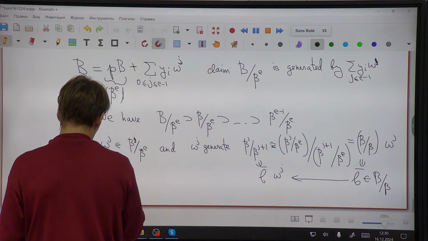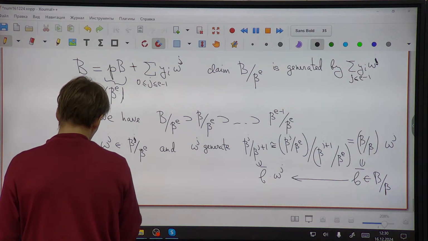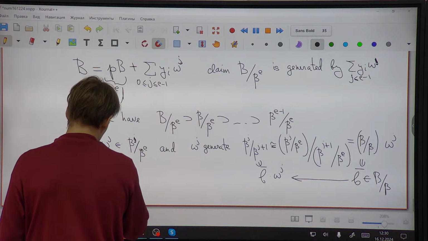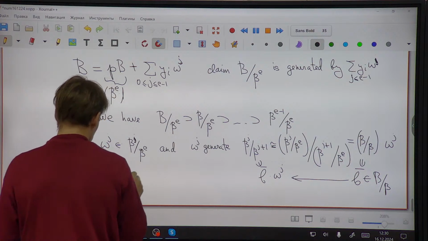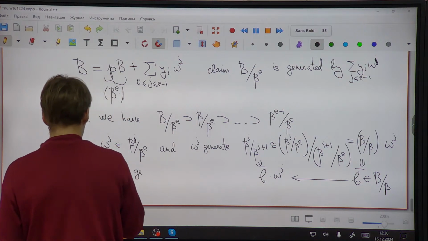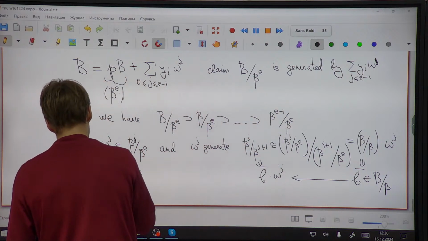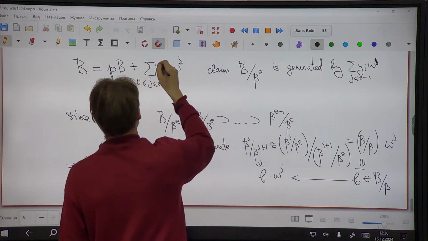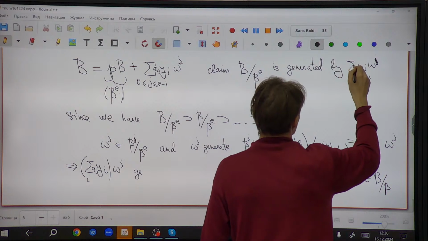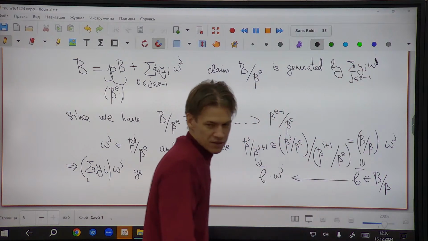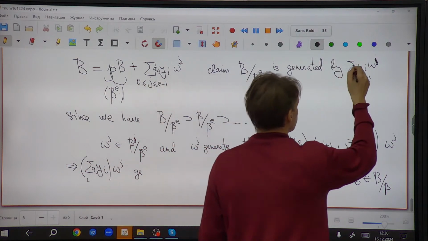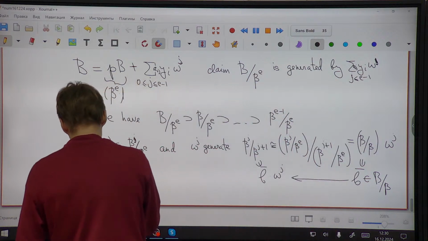And this implies that the sum of y_i omega j generates, I mean a_i omega j. Yes, well, sorry, here I should say a_ij, with some coefficients. I have forgotten coefficients.